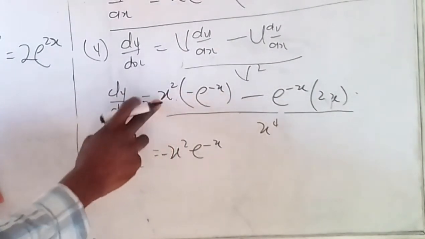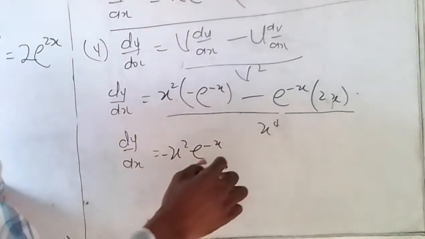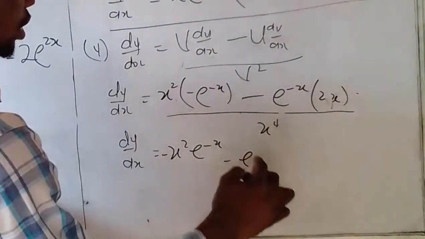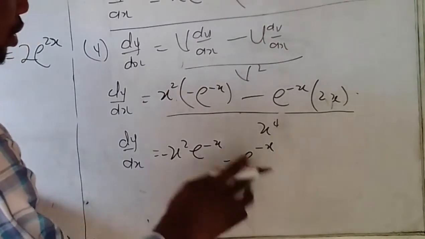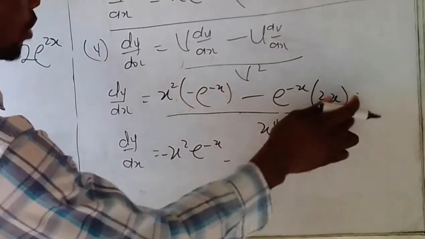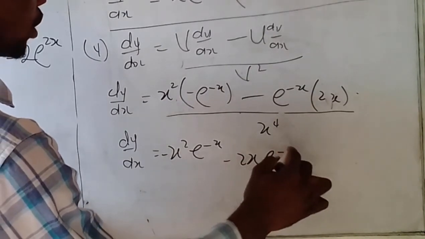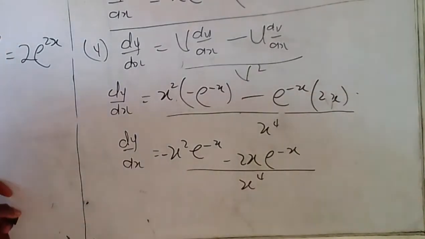So plus times minus becomes minus exponential minus x. Then this is still minus exponential minus x times 2x, or we can bring 2x to the front, which becomes minus 2x exponential minus x over x to the power 4.